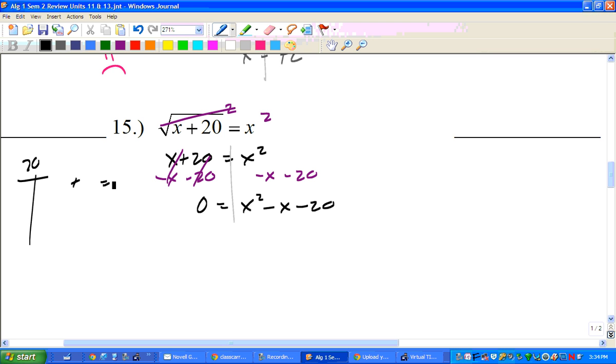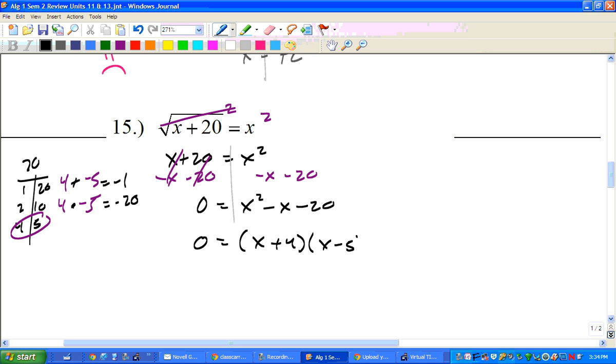Okay, you're looking for numbers that add up to negative 1 and multiply to get to negative 20. Okay, so 4 and negative 5. And for this one, the shortcut works. So we get x plus 4, x minus 5. Everything with an x we set equal to 0.